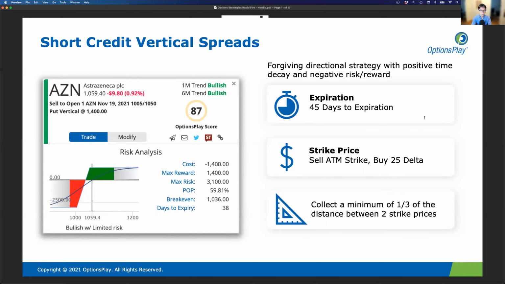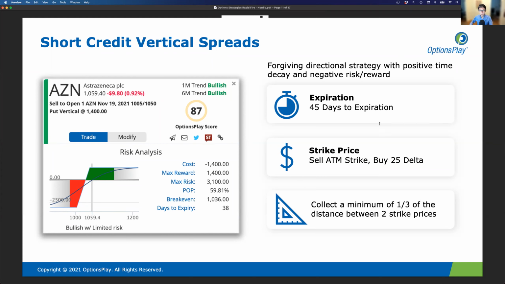So when you trade a vertical spread, you're still selling an at-the-money call or a put, but you don't want to take on unlimited risk and you don't want to have to lay out so much capital. So what you do is you buy a further out-of-the-money option. And this gives you a risk profile similar to selling a naked call or a put, but it limits your risk and limits the amount of capital that's required to enter this trade.